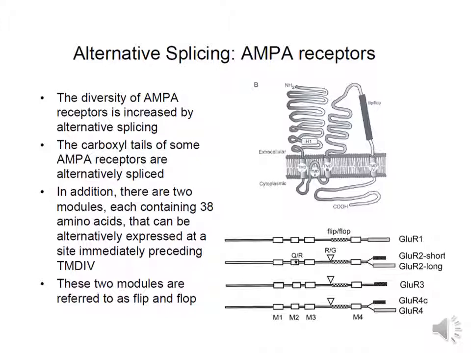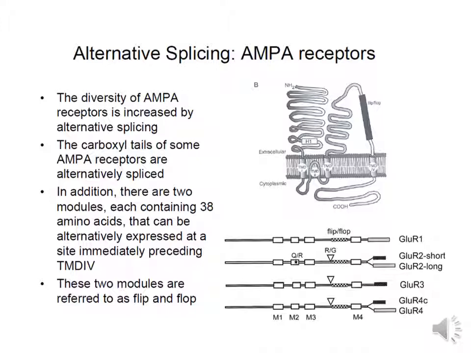There are also two modules, each containing 38 amino acids, that can be alternatively expressed at a site immediately preceding transmembrane domain number 4, called the flip-flop. In all AMPA receptor subunits there exist two splice variants, either flip or flop.